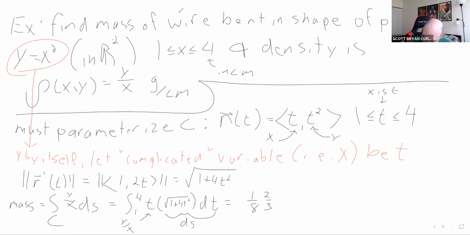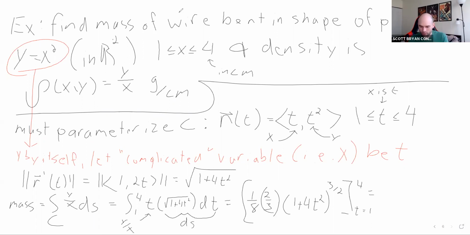So 2/3 times (1 plus 4t squared) to the 3/2. And we're evaluating that from t equals 1 up to 4.